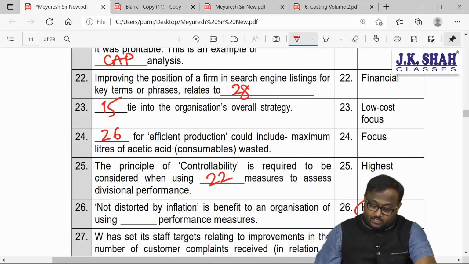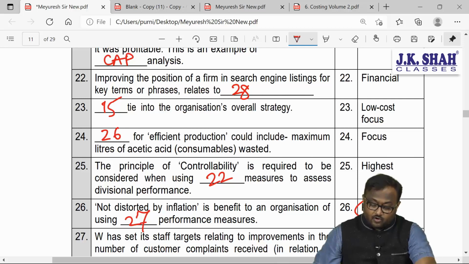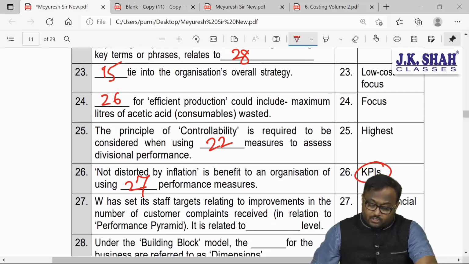26. Not distorted by inflation is the benefit to an organization of using non-financial performance measures. Because if I'm using non-financial performance measures, I'm not going to get affected by inflation.